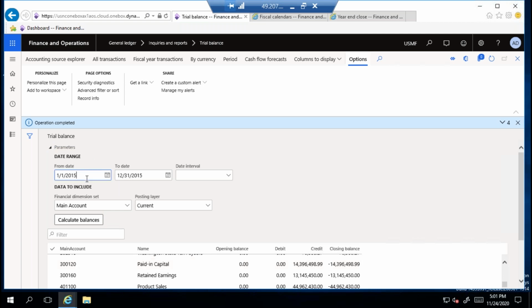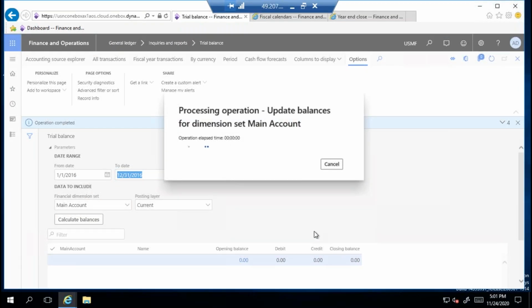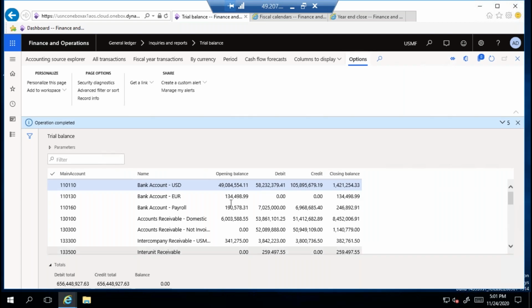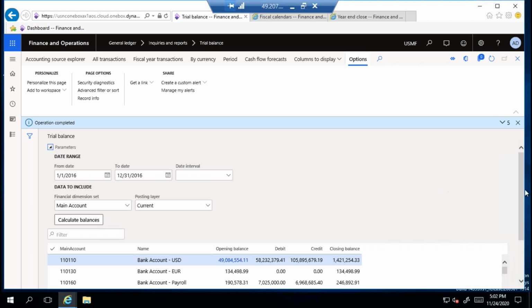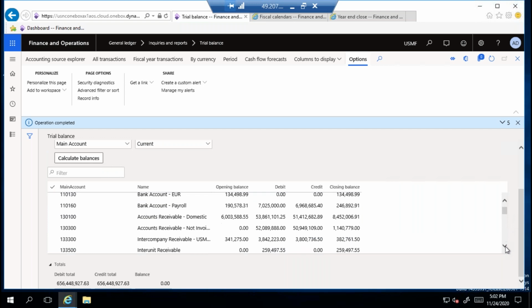Okay, in 2016, if you observe, opening balances do not exist. Look at this one. Oh, it was executed already, sorry. 2016 already exists. So look at this one, it is executed.